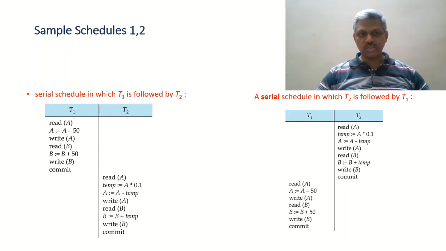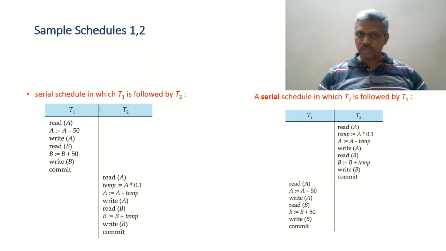In the first schedule, T1 followed by T2, we transfer the 50 rupees, then the transaction commits, and then the second transaction starts, and 10% of the amount of account A is transferred to account B. In the second schedule, for the same set of transactions, T2 happens first: 10% of the amount is transferred from A to B, and T2 commits.